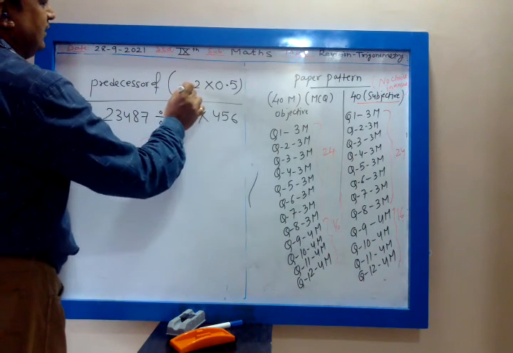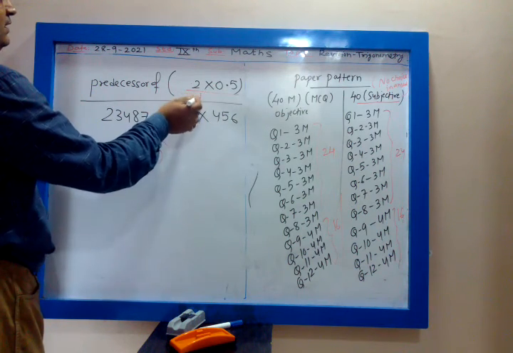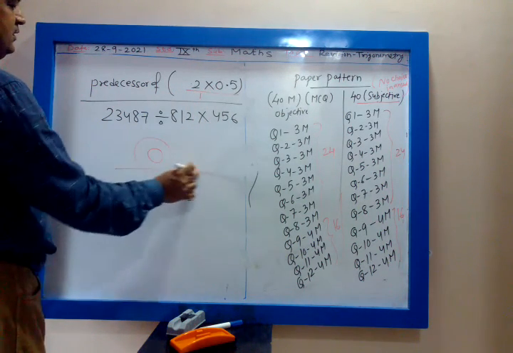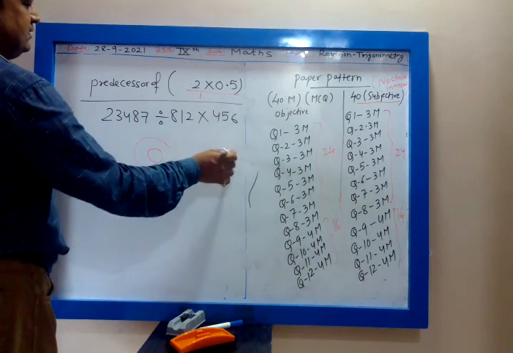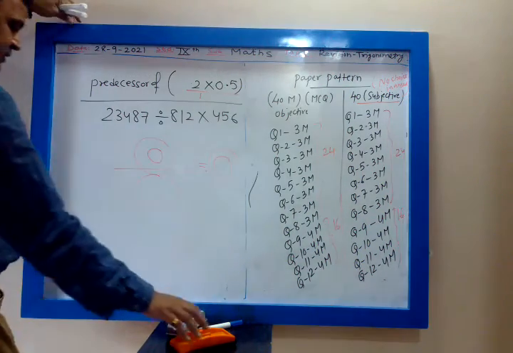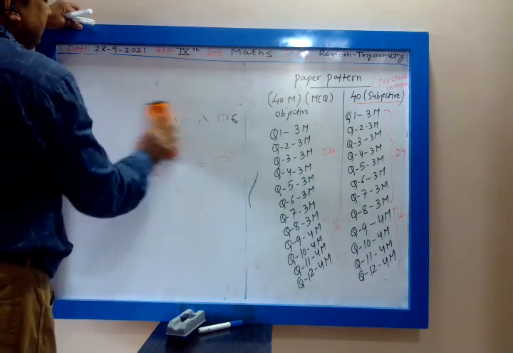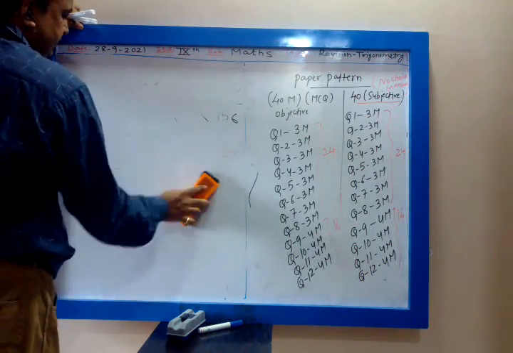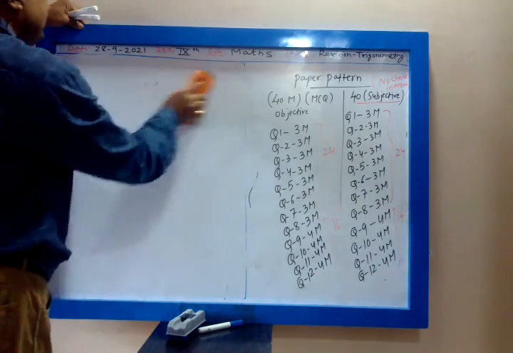Because 2 into 0.5 will be 1. Predecessor of 1 is 1 minus 1, 0. 0 upon whichever bigger number, numerator is 0, so the answer becomes 0. Anyhow, this was not related to you, but it has come in the scholarship examination, so I just gave it to you.